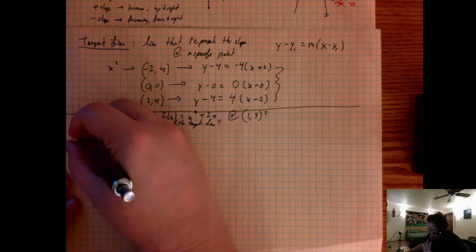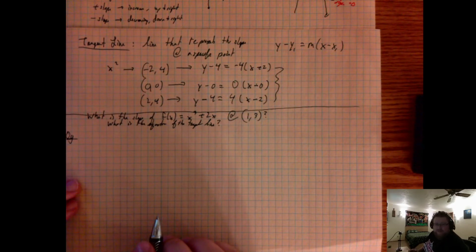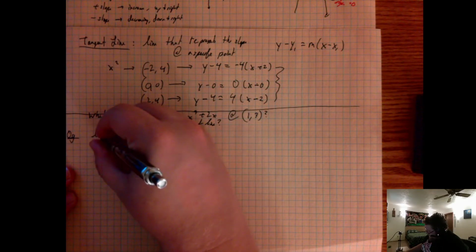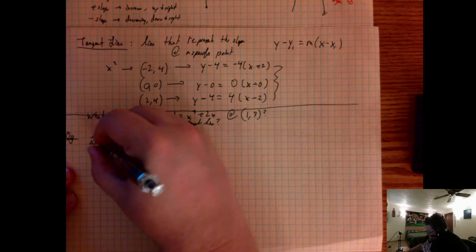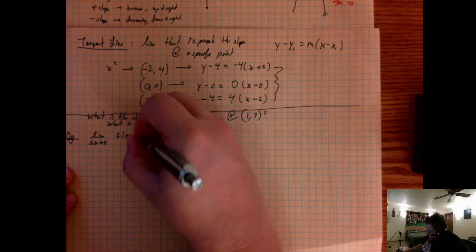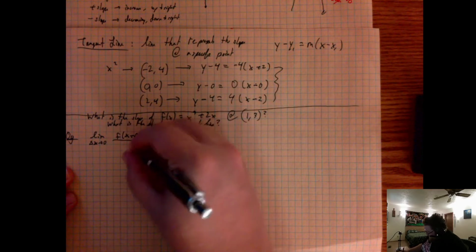Okay, so remember my original equation, so this was the OG, what used to be the OE, the original equation. My original equation was the limit as delta x approaches 0 of f of x plus delta x minus f of x over delta x.